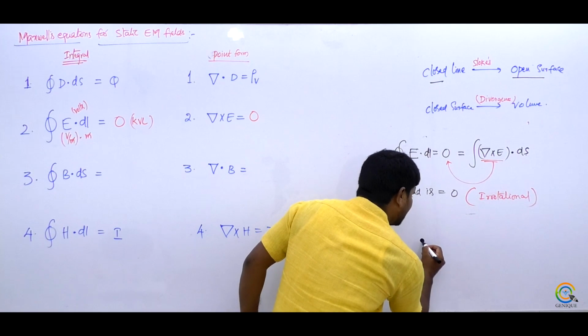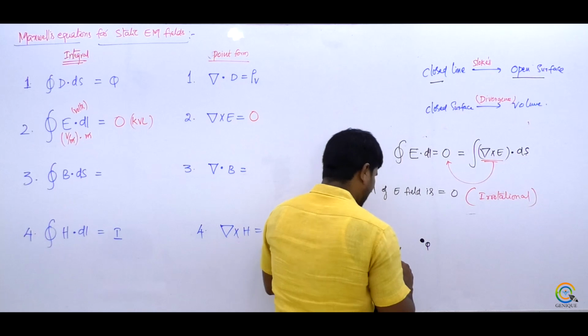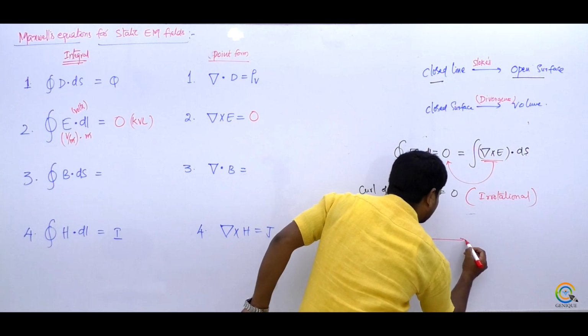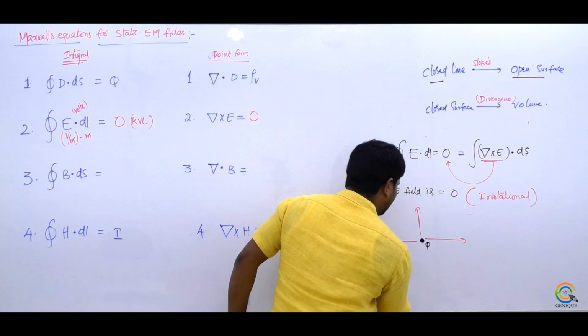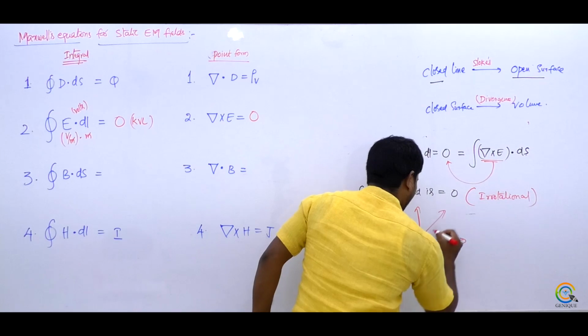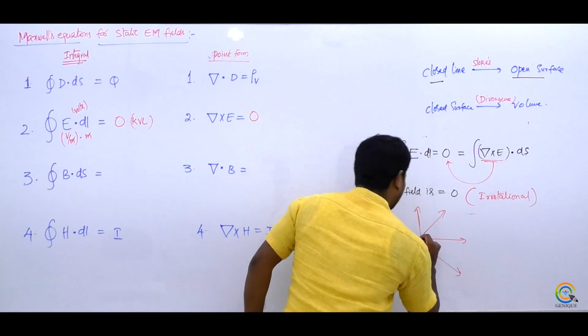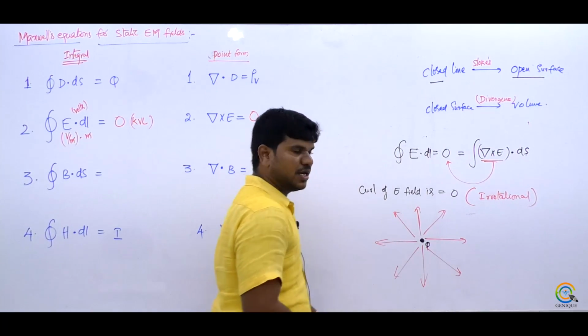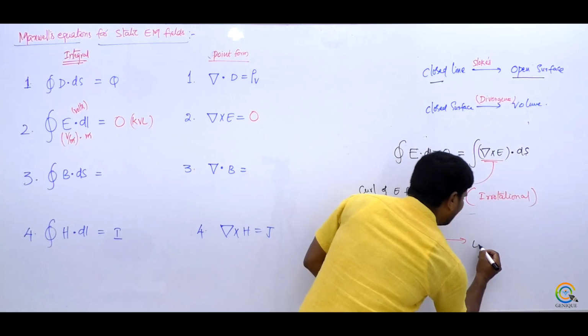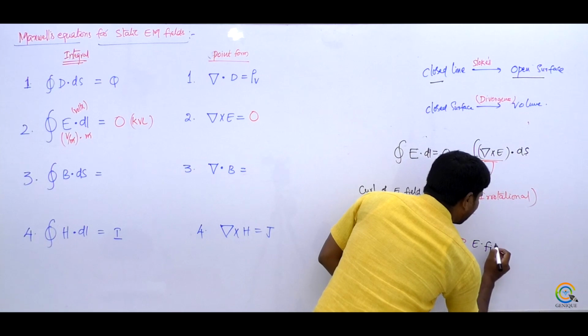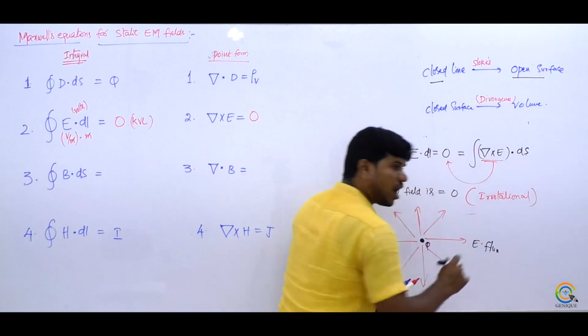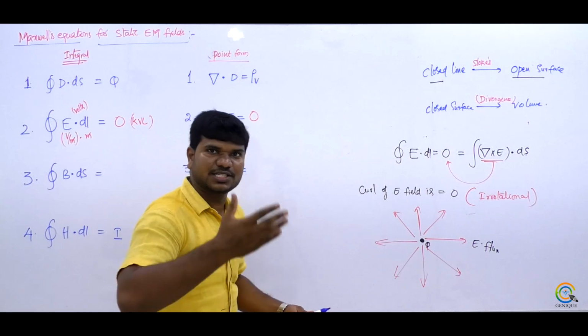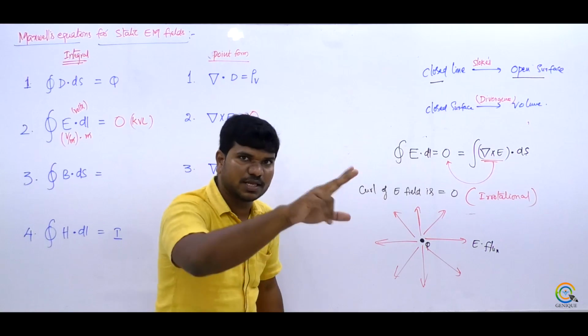suppose you take a point charge Q here. The electric flux lines will be like this, radially outward from it. We know that the electric flux lines are straight lines. A straight line can never form a circle.